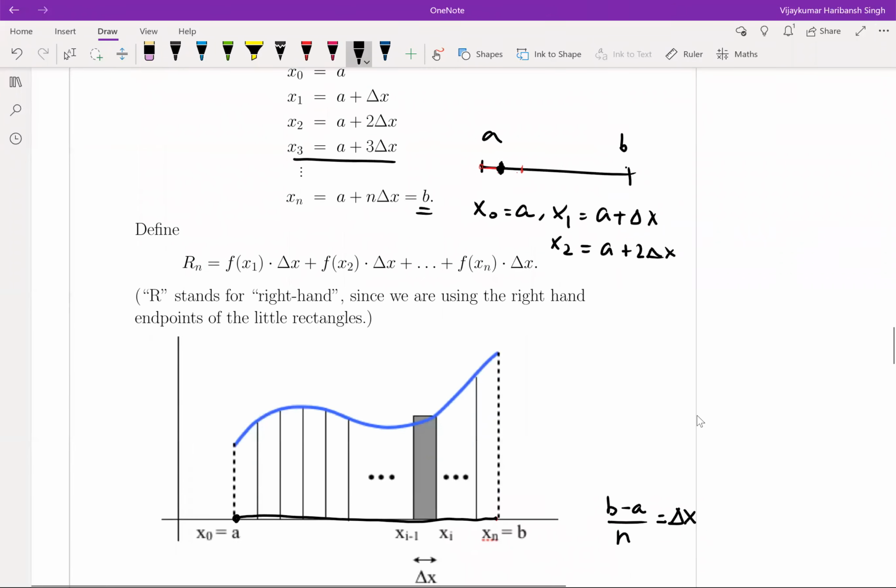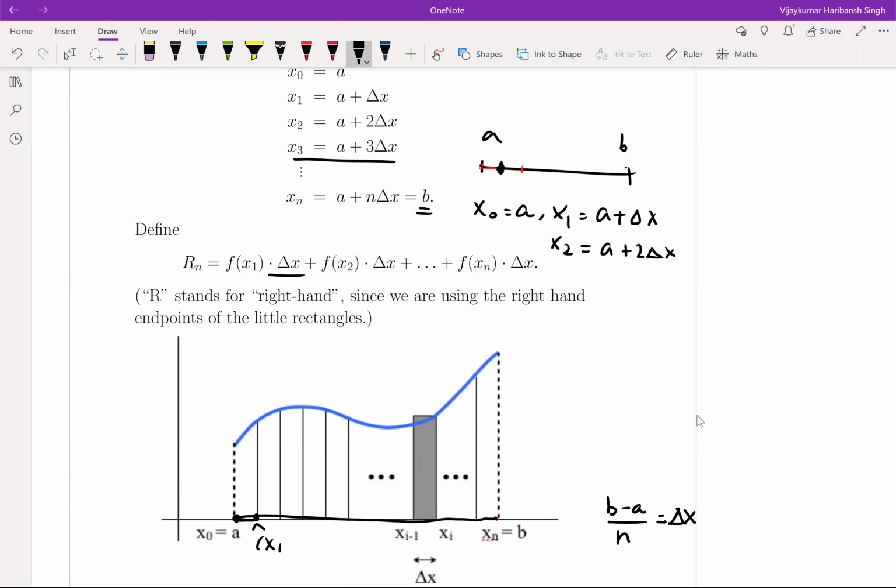Now let's find the total area of the rectangles. For the first one, the base is delta x, and the height is given by the function value at x1.